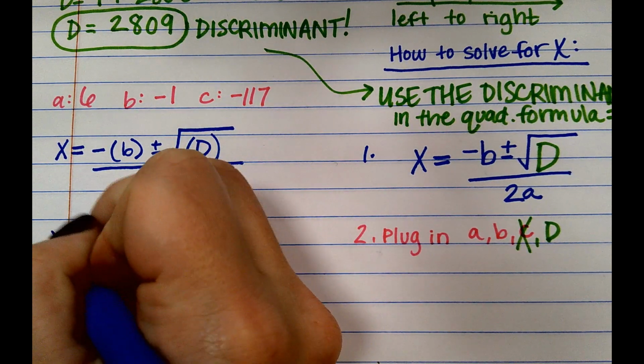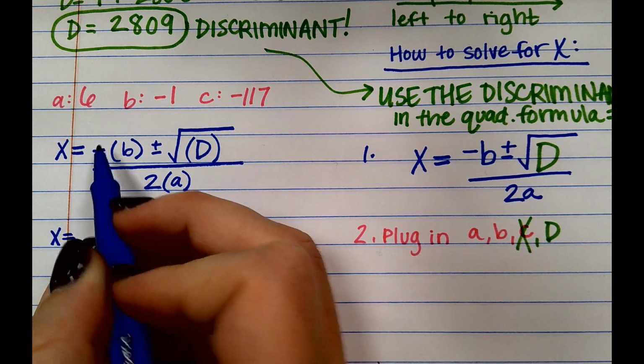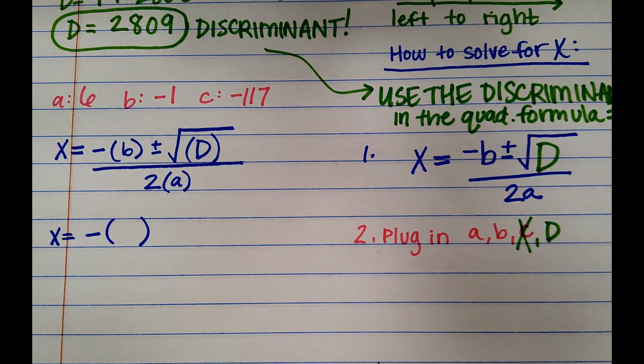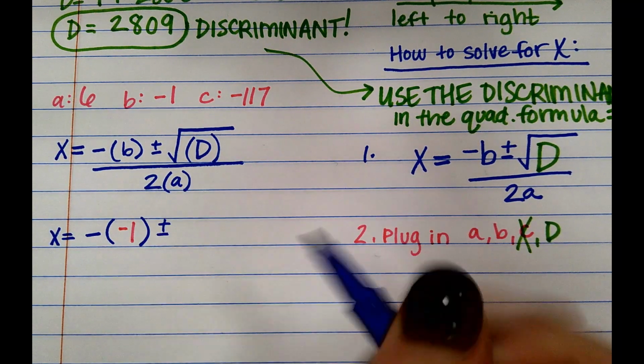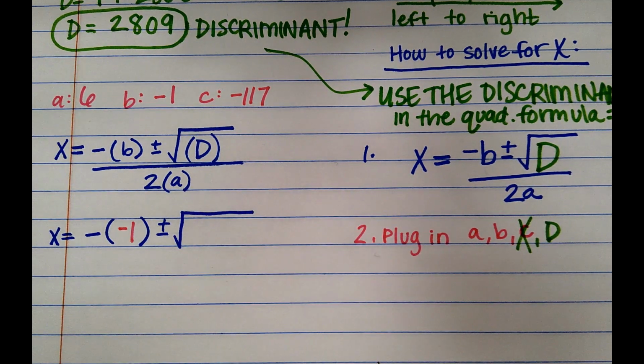Okay, good. Don't forget the negative on the outside though. Negative 1. Yes, negative B. B is negative 1. Plus or minus. 53. Is that after you did the square root? Yep. Okay, we're almost there. Not quite.